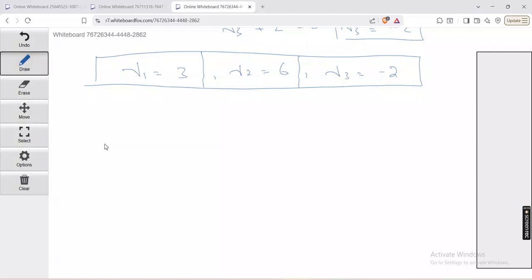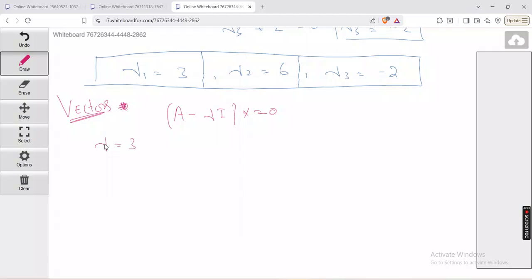What you need to do next is find the eigenvectors. You just need to put values in the formula and you will be done. Characteristic equation, A minus lambda I times x is equal to 0.